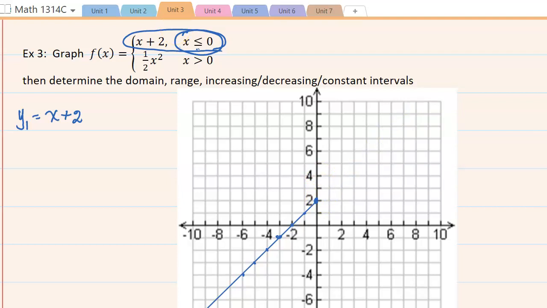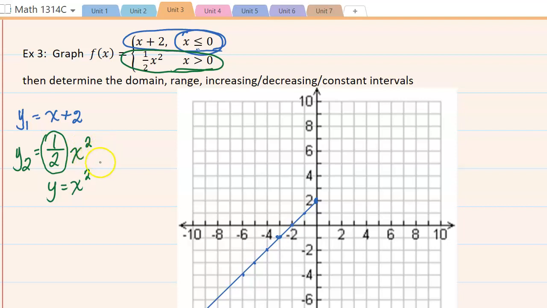Let's go on ahead and graph our second function. Our y2 is equal to 1/2 x squared. So we know our parent function is x squared, and we know we have a multiplier of 1/2. Notice we do not have a translation left or right, nor a translation up and down. So we're going to start at 0, 0.